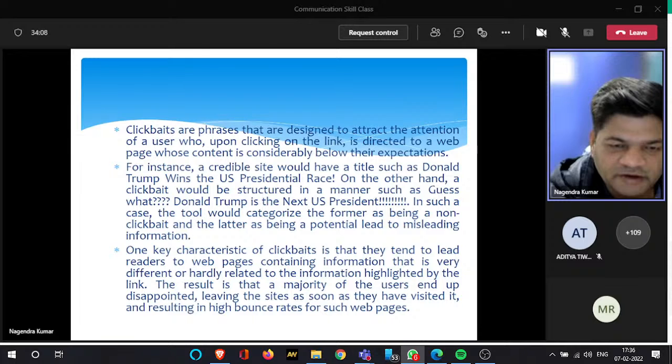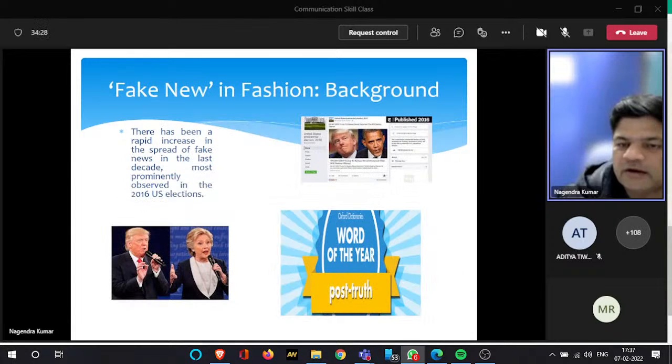Let's go ahead. So fake news in fashion, background: there has been a rapid increase in the spread of fake news in the last decade. And we saw how this was used in the 2016 US elections and how beautifully the political parties have been using them.